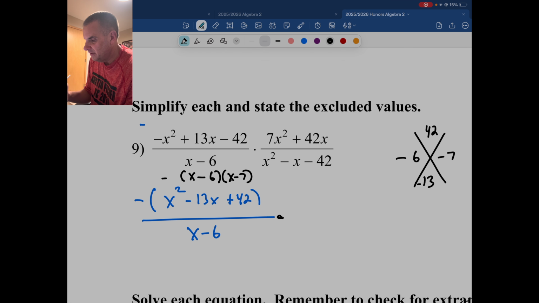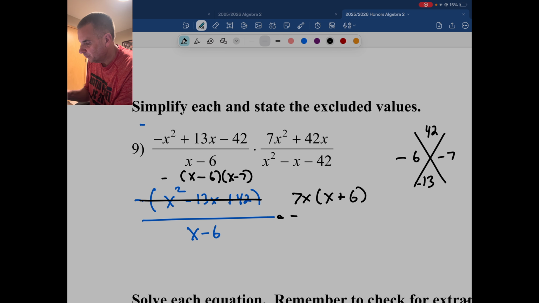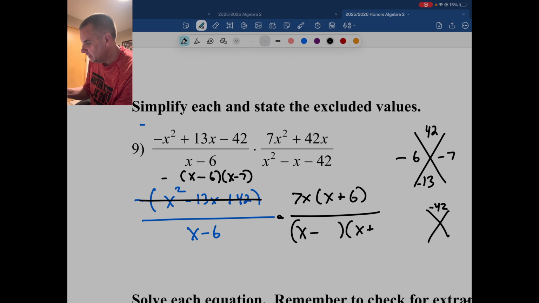Times, I'm just going to go ahead and factor that up there. So take out a 7x, cross that out, and that leaves me with x plus 6, bottom x minus and x plus. All of a sudden my factoring brain has gone away. Negative 42, so negative and positive, negative 7, positive 6.